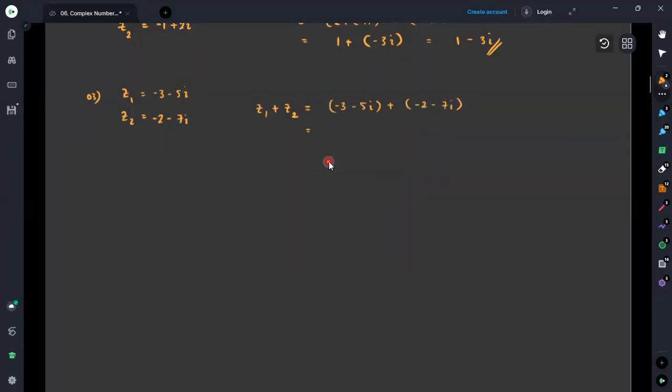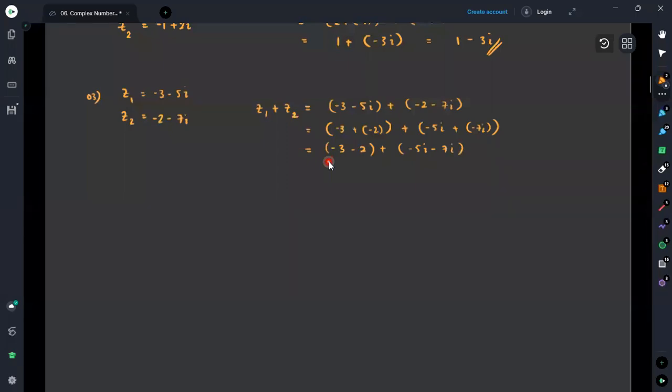Then if we add the values, we get minus 3 plus minus 2, added to minus 5i plus minus 7i.